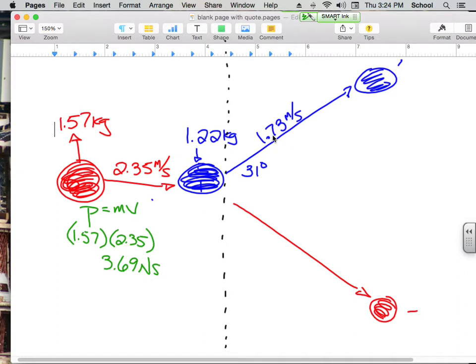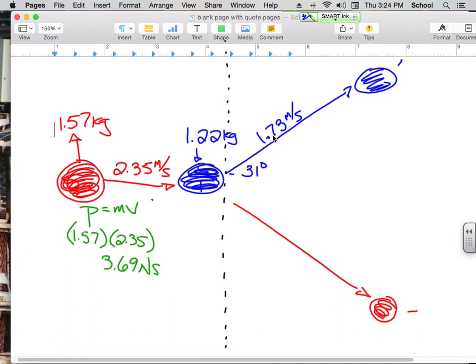How much momentum are we going to have after the collision? The same but divided into two balls. We're going to have 3.69 Newton seconds after the collision also, because the total before has to equal the total after. Afterwards it's broken into two different balls.